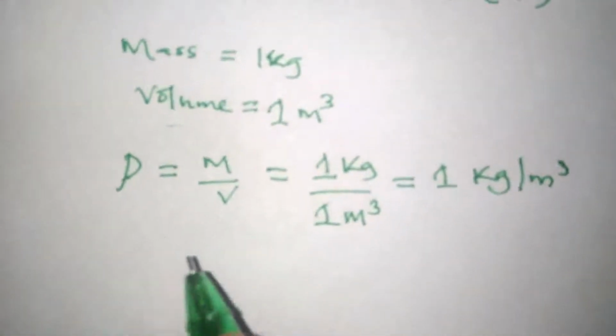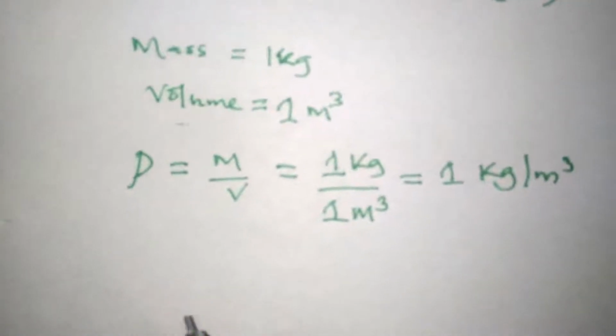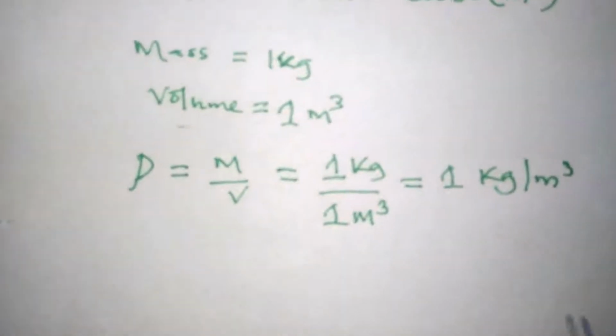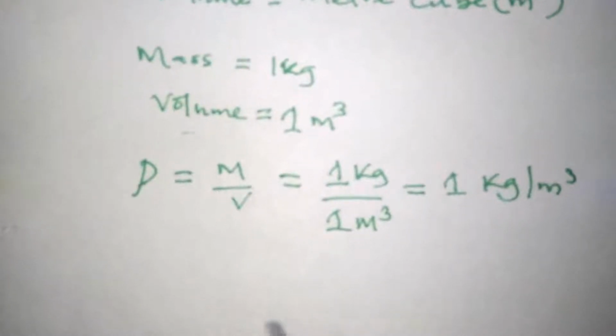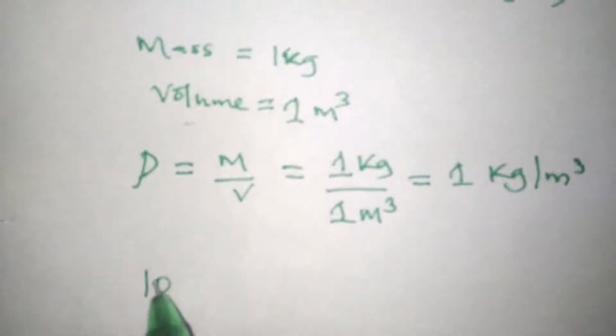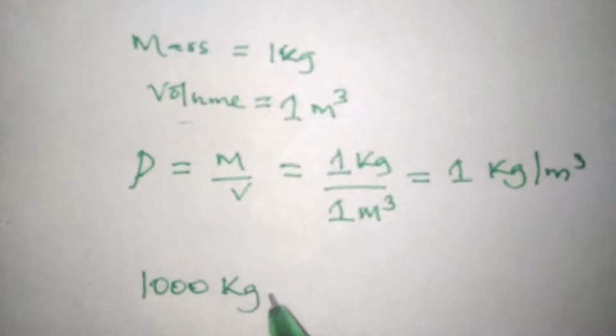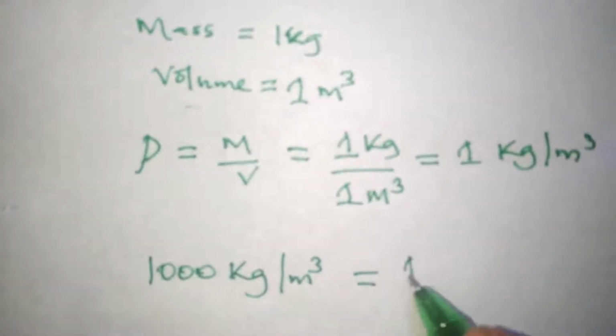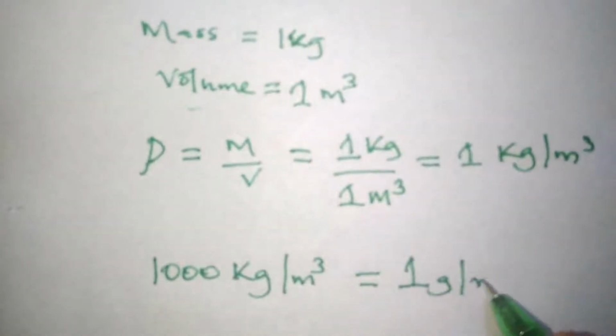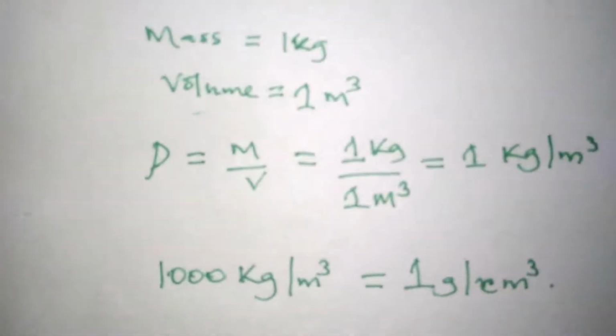Now, there is usually a way to convert kilogram per meters cube to gram per centimeters cube. Usually, 1000 kilogram per meters cube is equal to 1 gram per centimeters cube.